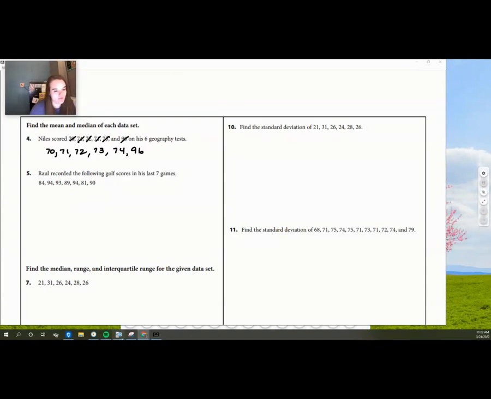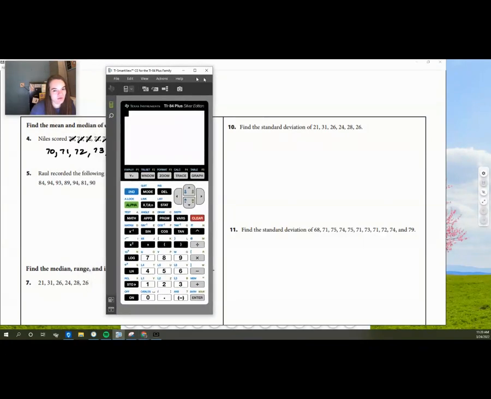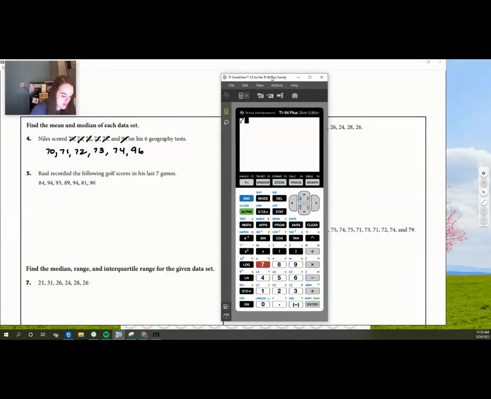Okay. I'm going to go ahead and find the mean. We're just going to add them together. I know there's 6 because they said there's 6. So the mean is 76.